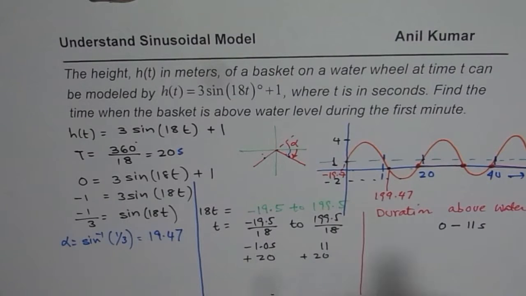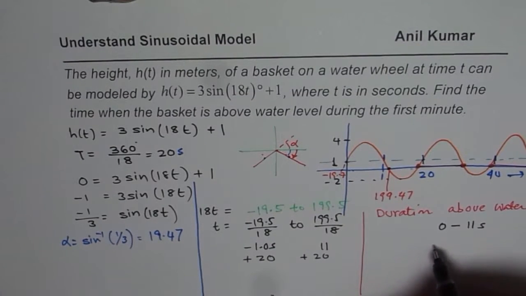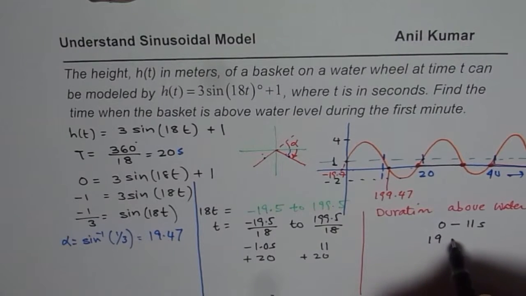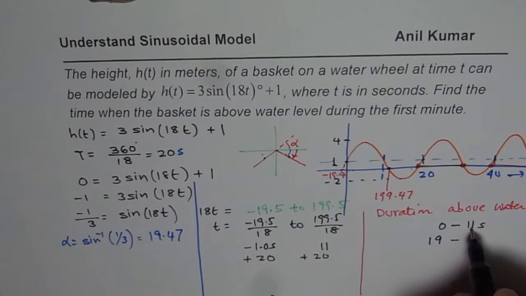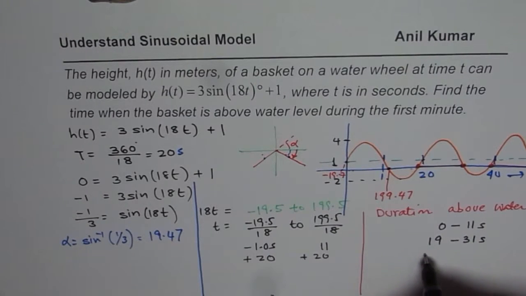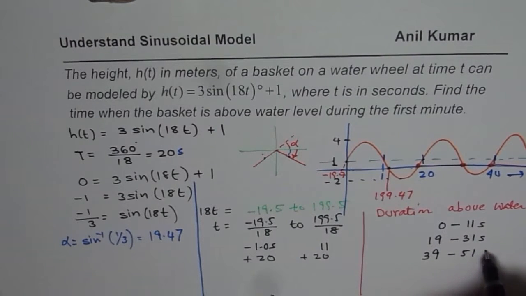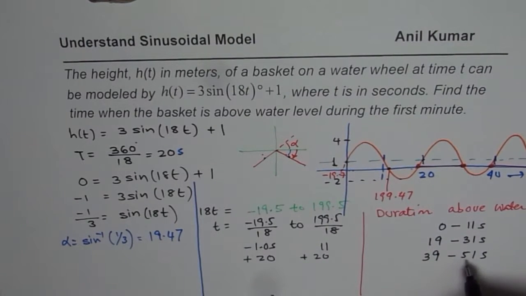Then it is 1 less than 20, so we'll say 19, and we'll add 20 to this, right? So 20 added will be 31 seconds. Then again add 20, so you get 39 to 51 seconds, and then if you add 20 to this, you get 71, which is more than a minute.